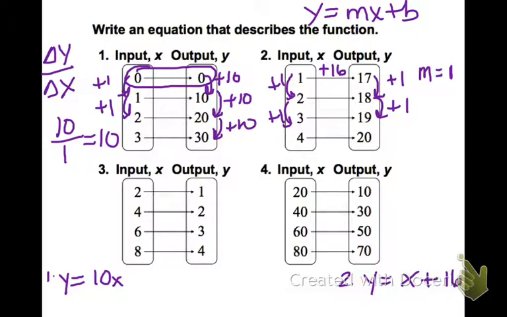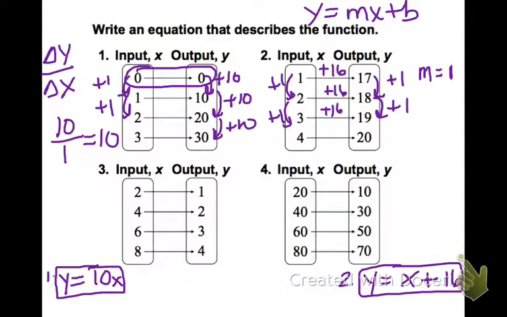If my x is 2, 2 plus 16 equals the output of 18. 3 plus 16 equals the output of 19, and so on, that I know I have a valid equation, the input plus 16. Okay, so here's my equation for 1.